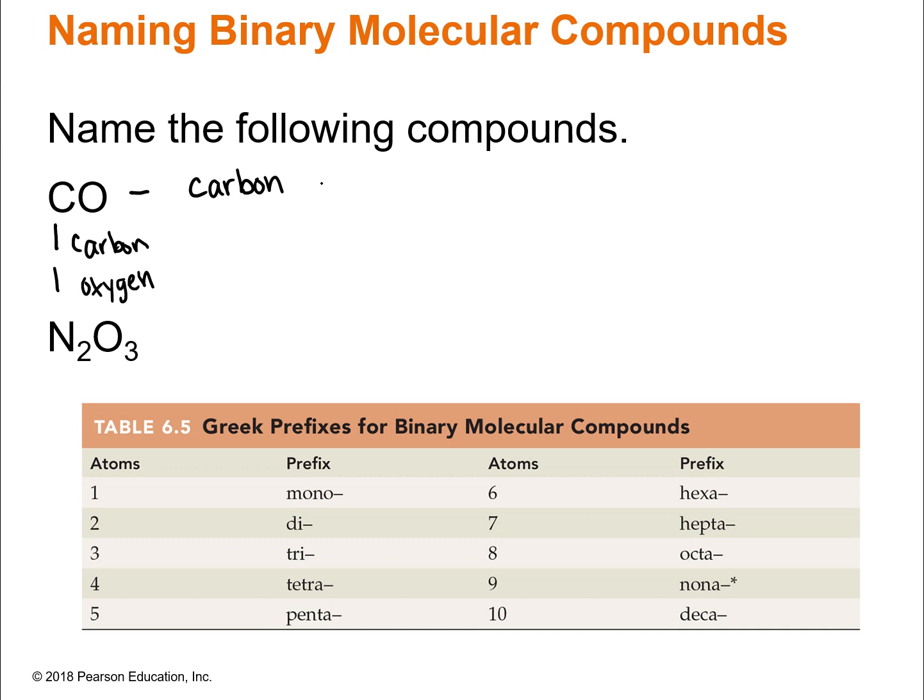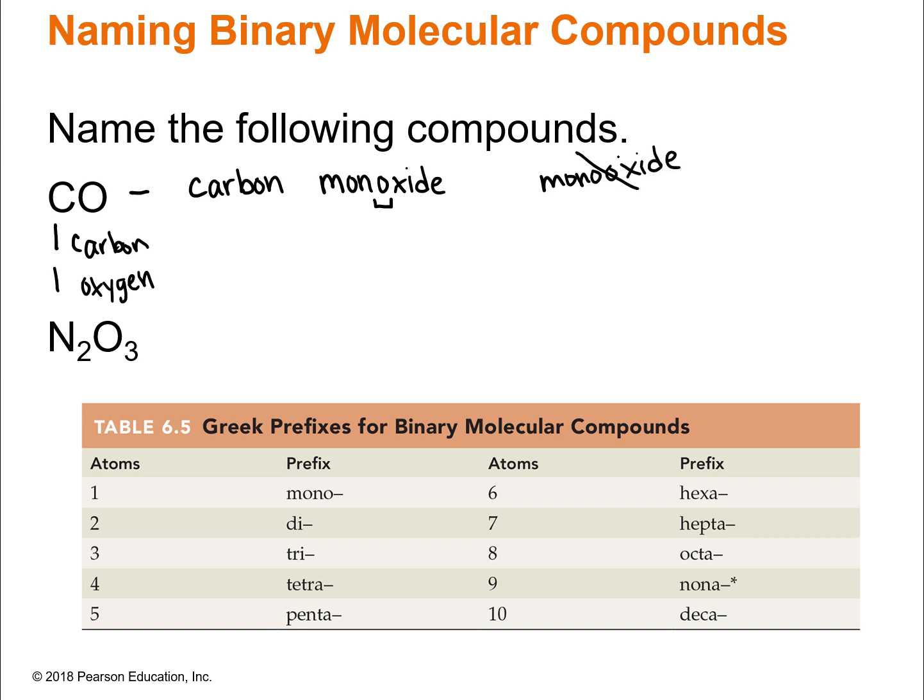For the oxygen part, however, we do need to write a prefix. Notice how there's only 1 O there. That's another little spelling thing, so I chose this one on purpose. You don't want to put this.